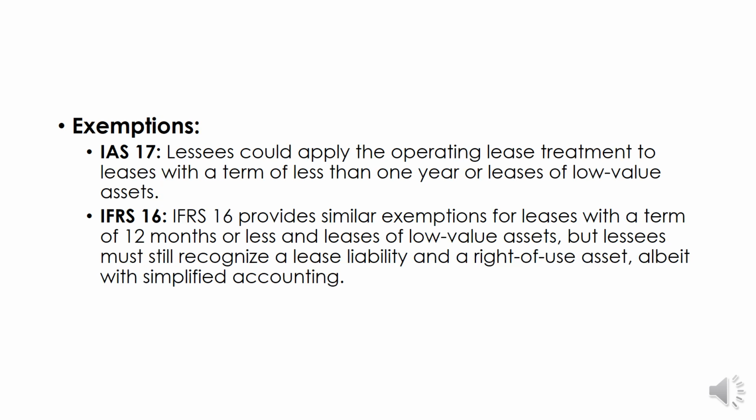We have got some exemptions to some of the differences. Looking at IAS 17, lessees could apply the operating lease treatment to leases with a term of less than 1 year or leases of low value assets, while IFRS 16 provides similar exemptions for leases with a term of 12 months or less and leases of low value assets.